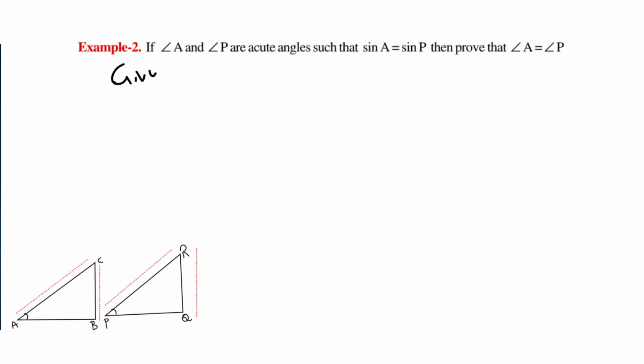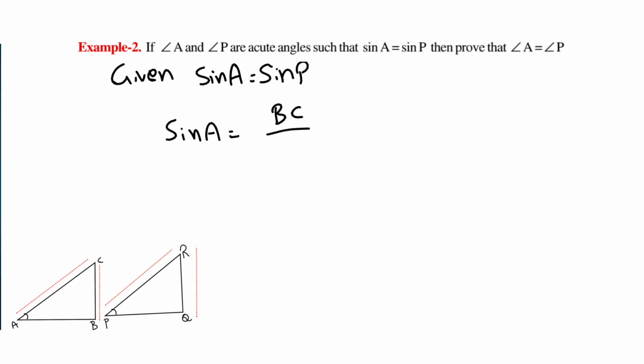Given that sin A equals sin P, sin A equals BC by AC and sin P equals QR by PQ.